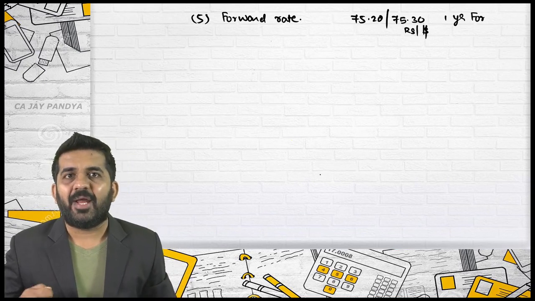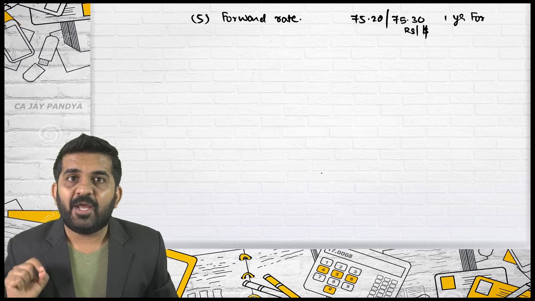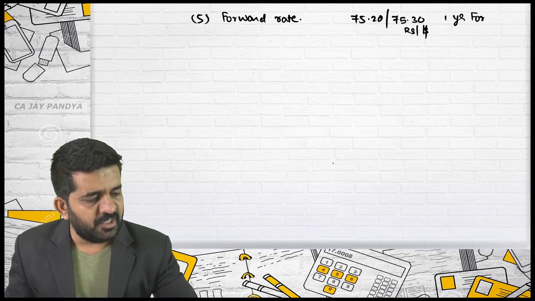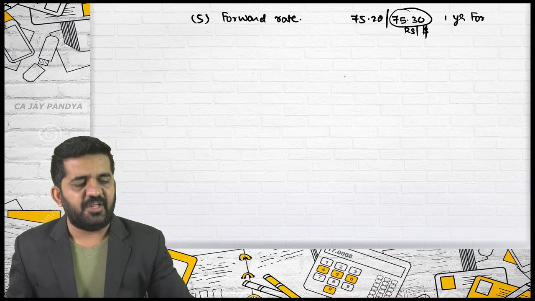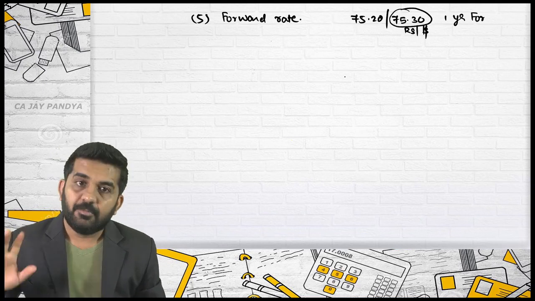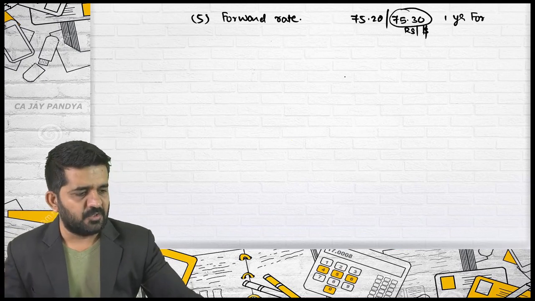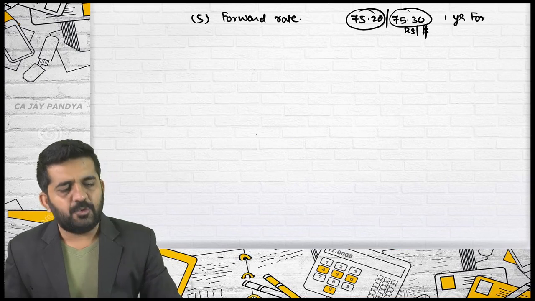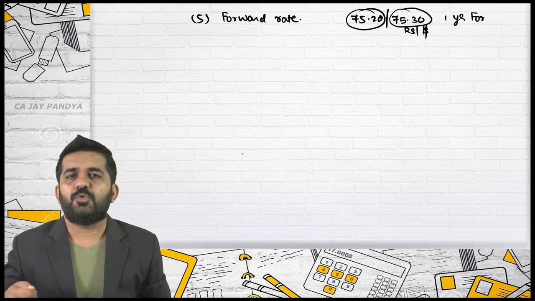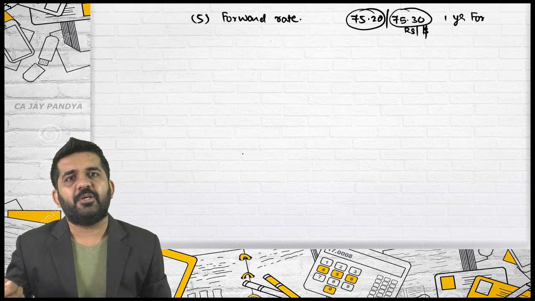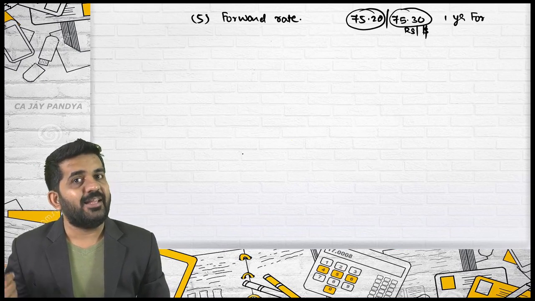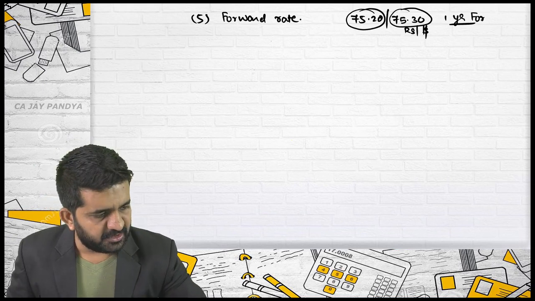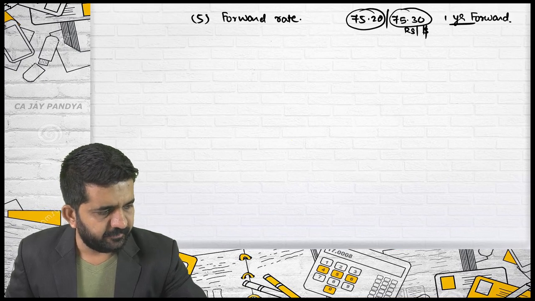If you want to enter into a contract today, whereby you want to purchase $1, it will cost you 75.30 rupees after 1 year. But you will have to enter the contract today because this is forward. 75.20, this is the rate at which you can sell $1 if you want to enter into a contract today, where you can sell this $1 after 1 year. These are the 1 year forward rates.